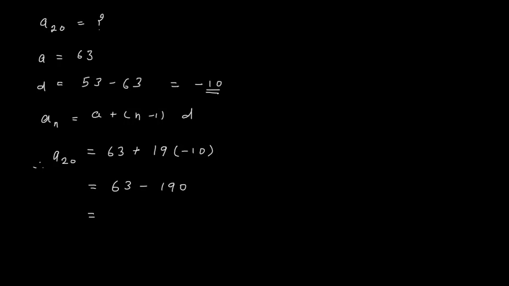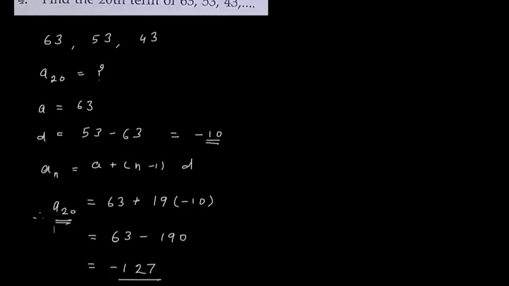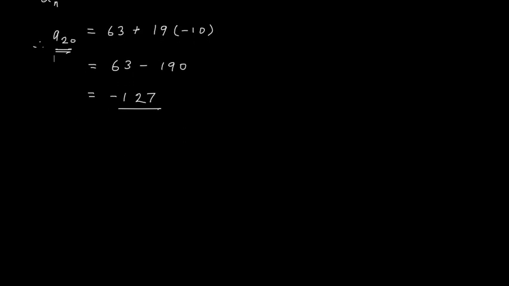You subtract 63 from 190 and use a minus sign because the greater number has the negative sign. 10 minus 3 is 7, 9 minus 6 is 3, and here it is 1. So minus 127 is A20. The question is find the 20th term, so the 20th term is minus 127. You can write finally A20 is equal to minus 127.